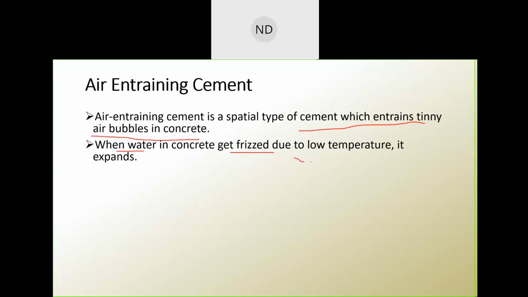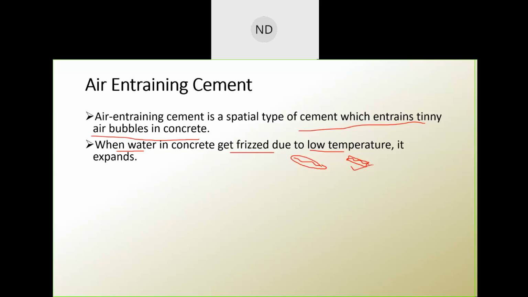When it is in liquid form, it may move from one void to another, but at a very low temperature it becomes solid and takes up more space than the water which was flowing in liquid form. So this water will expand due to freezing.